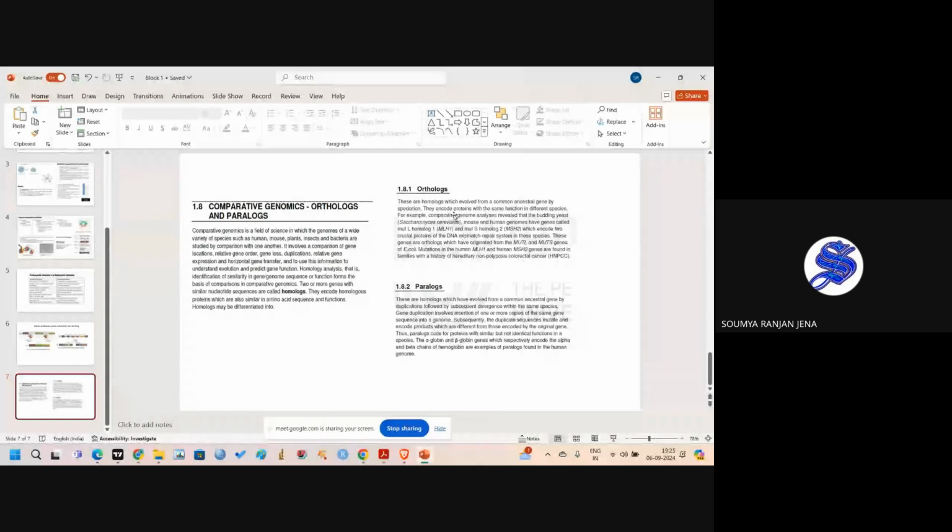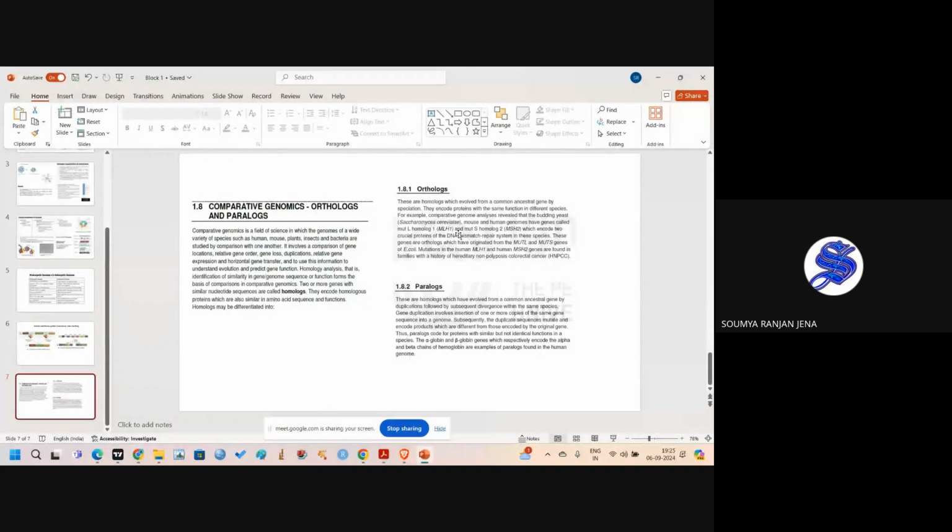For example, comparative genome analysis revealed that budding yeast, mouse, and human have a set of genes, MLH1 and MSH2, which encode two crucial proteins of the DNA mismatch repair system, because it checks the mismatched binding of nucleotides.